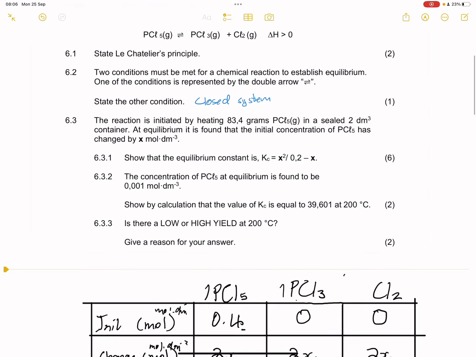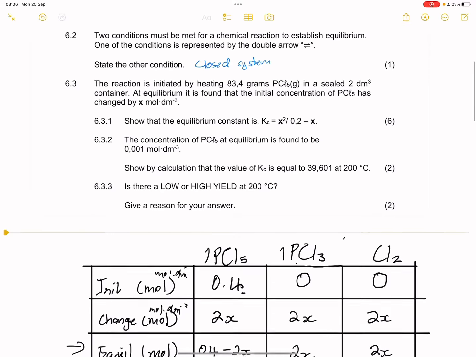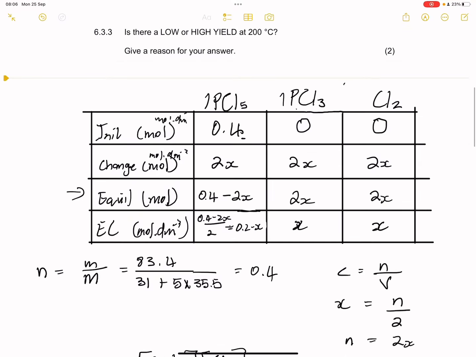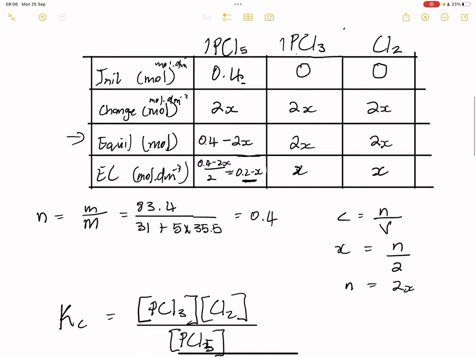This is the easier part because we're just going to plug and play. Remember that PCl5 was the one at the bottom, so the 0.2 minus x, and they say the concentration of this is found to be 0.001.